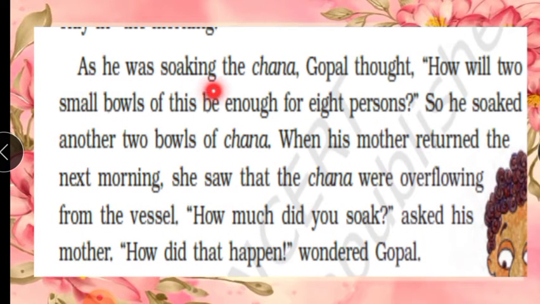As he was soaking the chana, Gopal thought, "How will 2 small bowls be enough for 8 persons?" So he soaked another 2 bowls of chana. When his mother returned the next morning, she saw that the chana were overflowing from the vessel.